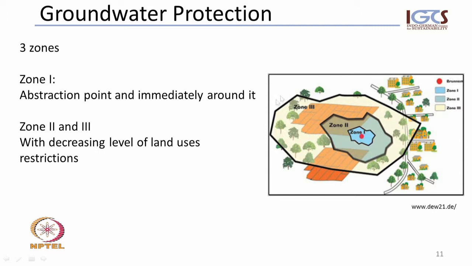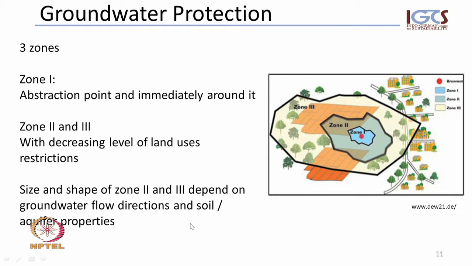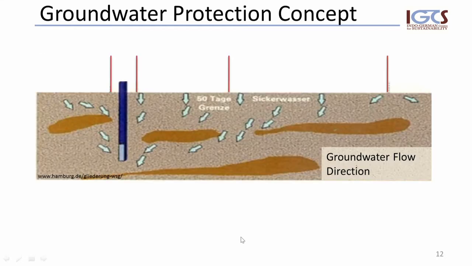What we can see here is also that there is not a single shape which we apply to the size of the zoning. The zoning is basically depending on groundwater flow directions and on soil and aquifer properties. Let's look into this in detail.